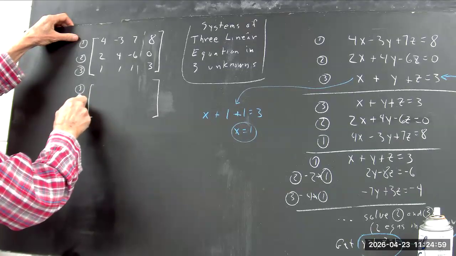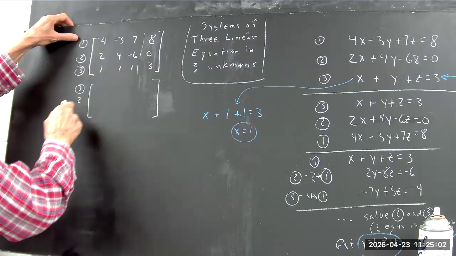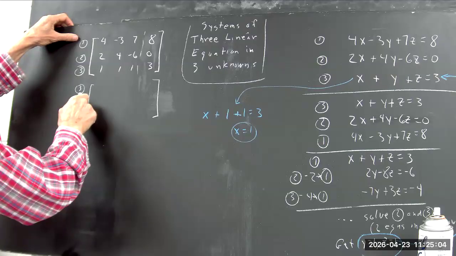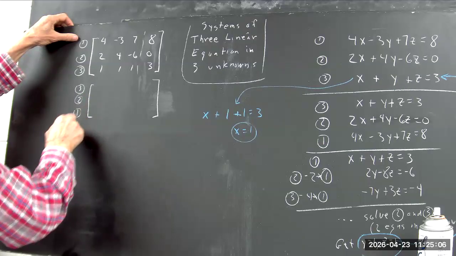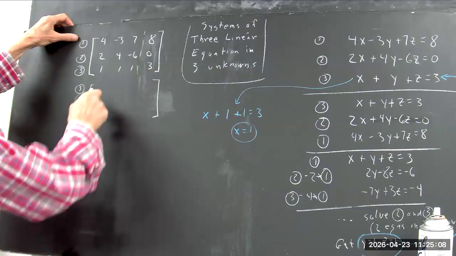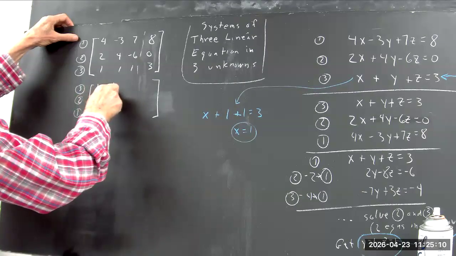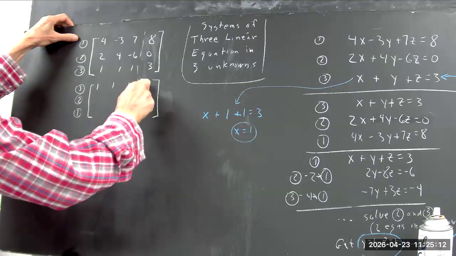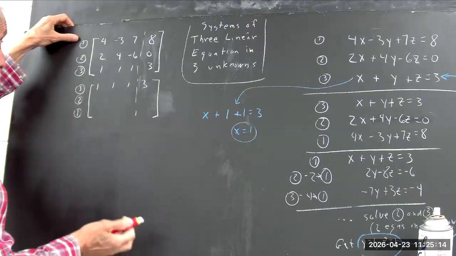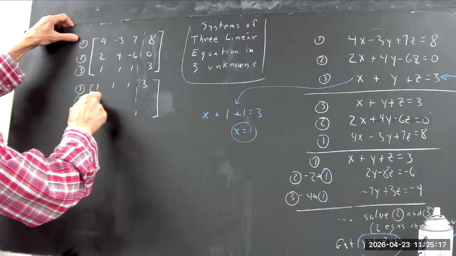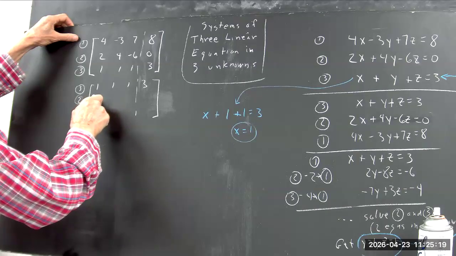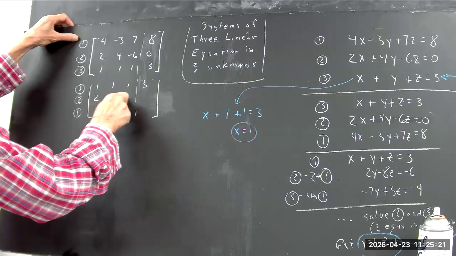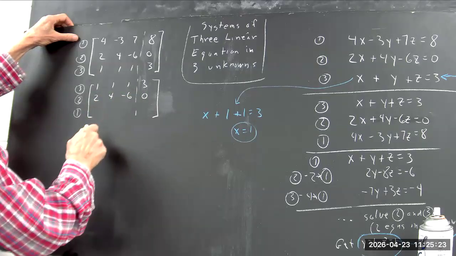And I'm going to do exactly the same thing I did with the equations. I'm going to put the 1, 1, 1, 3 row first. Then the second row, which is 2, 4, -6, 0.